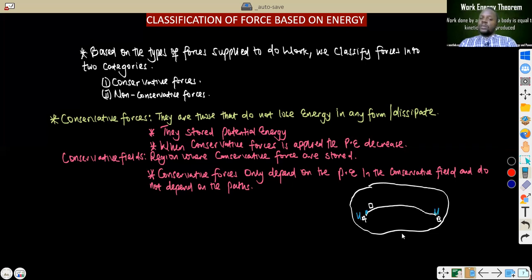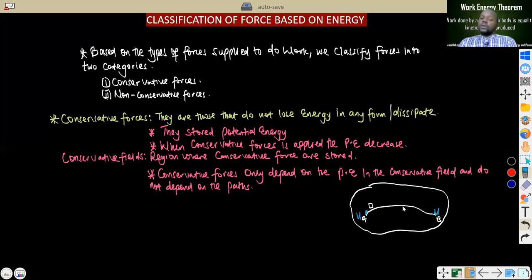So what we are trying to say now is that the work done in moving this, we talk about force because it's moving through a distance. Conservative forces depend on the potential energy and not the path. This is the path in which this thing is moving.